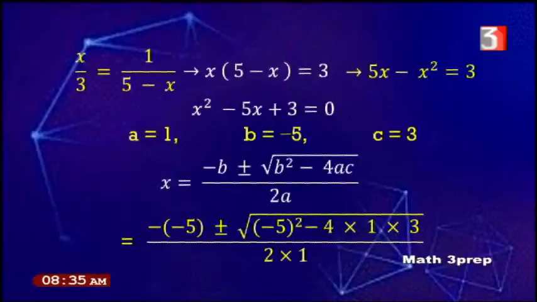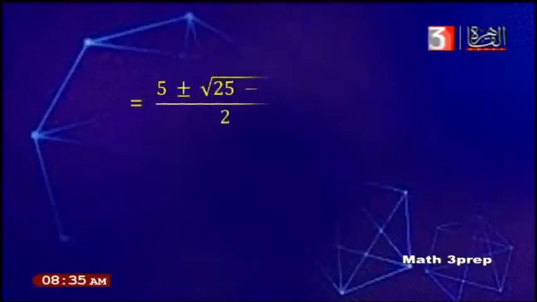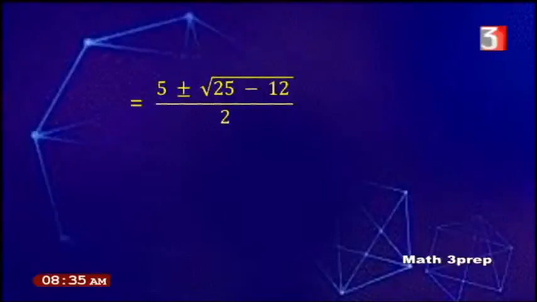To obtain a result as 5 positive or negative square root of 25 minus 12 over 2, which gives a result as 5 positive or negative root 13 over 2.